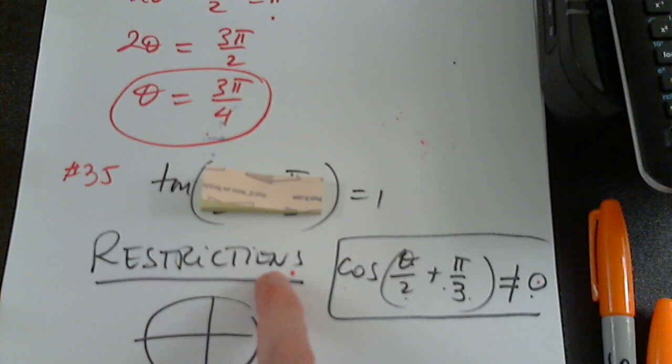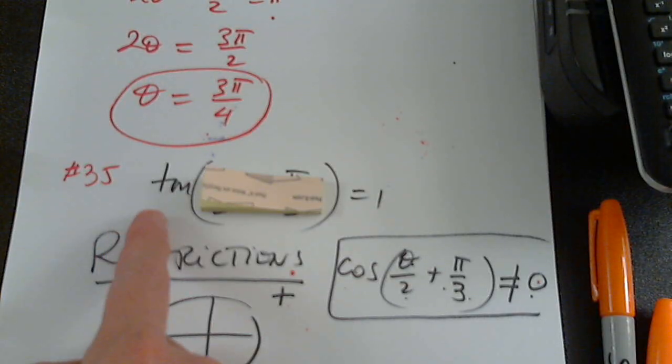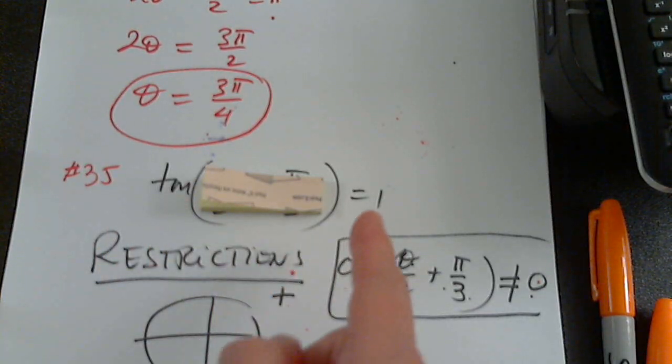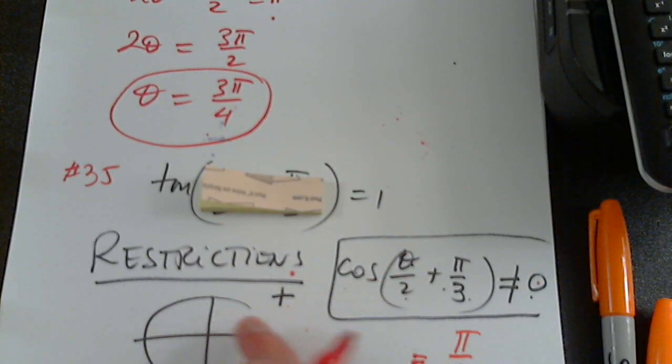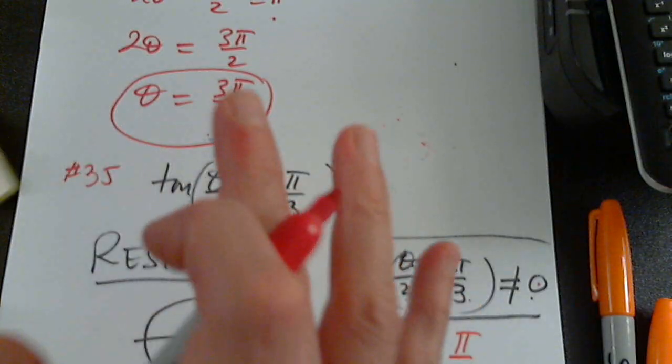Can anyone give us those two angles for tangent of those angles to be 1? Which angles? Pi over 4. Of course. And the opposite. Exactly. Thank you very much.